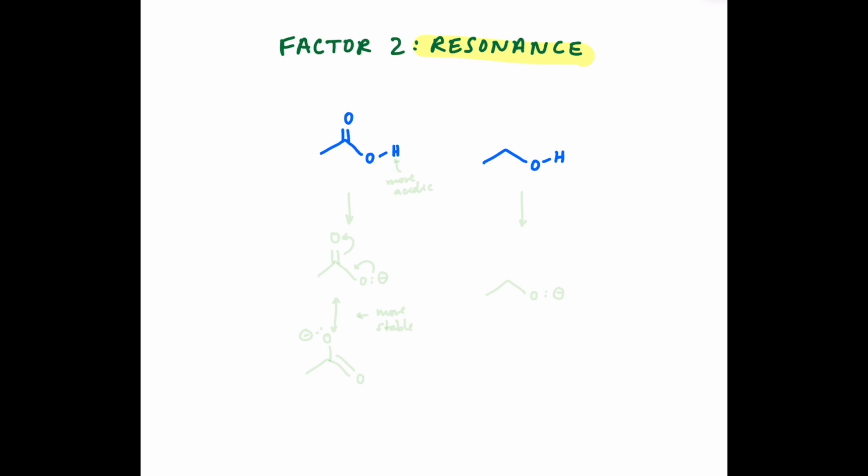The second factor is resonance. So again, let's go ahead and draw that conjugate base. By removing that proton, again, we'll have that negative charge on both of the oxygens here. But the difference with the structure on the left is that we have a resonance structure. So we can move the negative charge to a bond, and then we get a resonance structure here.